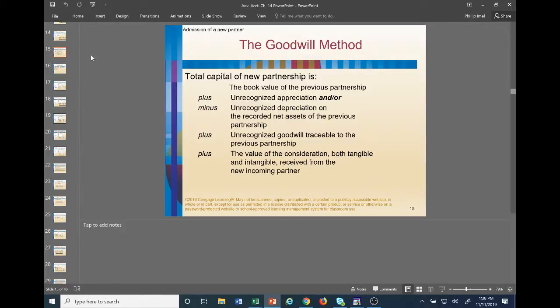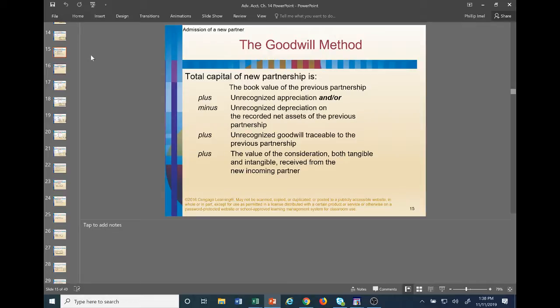The goodwill method. The goodwill method views the admission of a new partner as an opportunity to revalue net assets as though a new entity had been created. Had a new entity been created, the assets transferred to this entity would have been recorded at their current fair values.